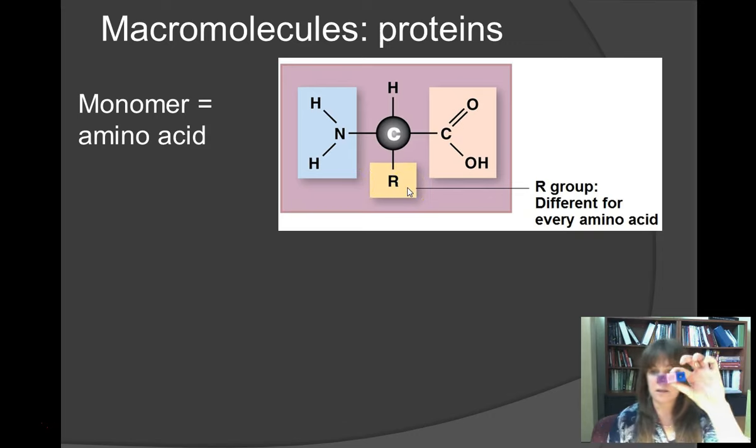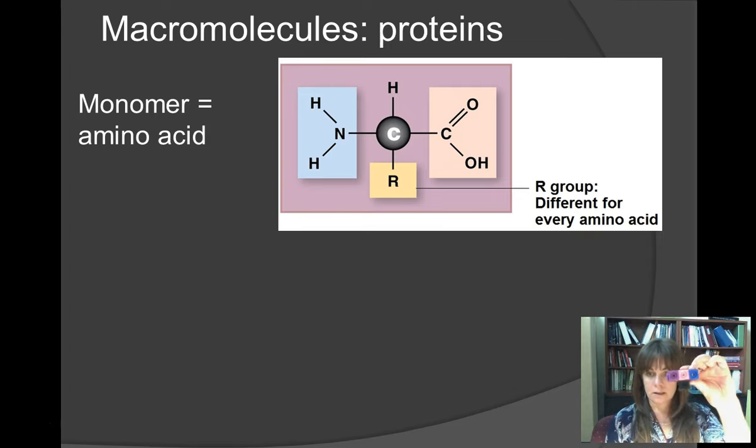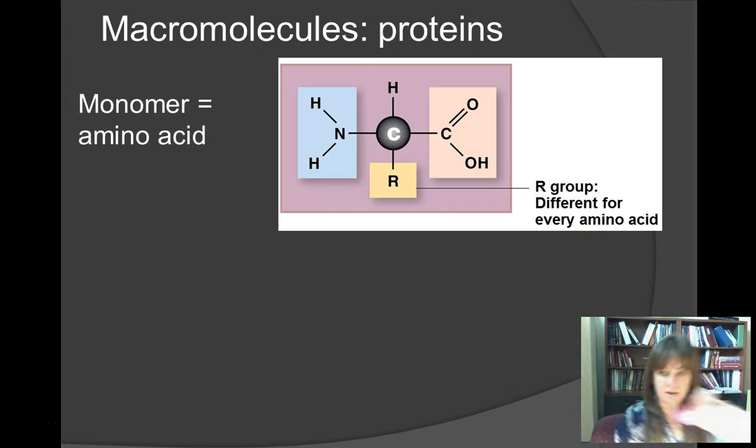So if I happen to be, let's say, the amino acid called alanine, well, this may be my R group right here. But if I am, say, valine, which is another amino acid, well, I'm going to hook this. As you notice, for both of those, this part is the same. It's only this part that is different.